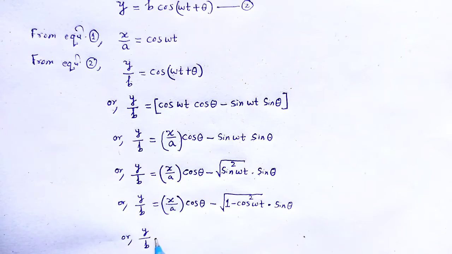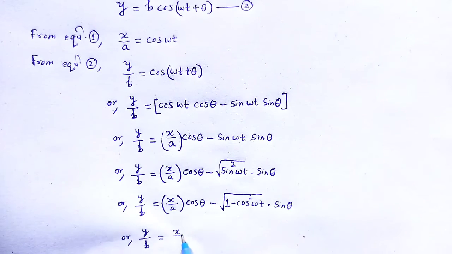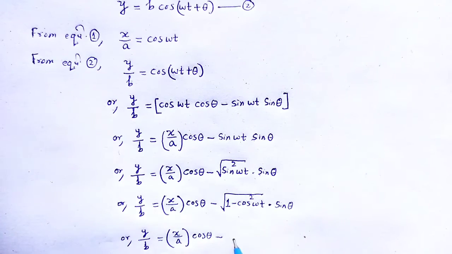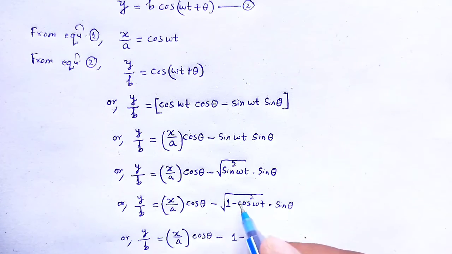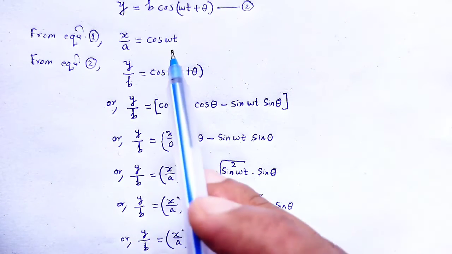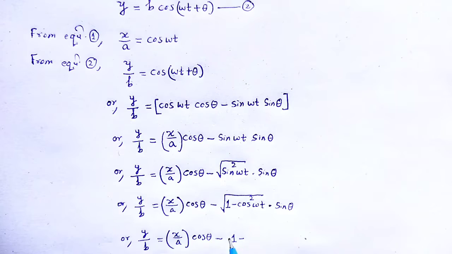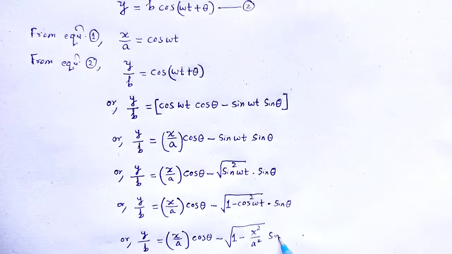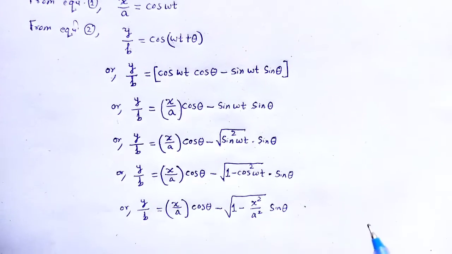Or y by b is equal to x by a cos theta minus the square root of 1 minus, in place of cos omega t again substituting x by a, x square divided by a square, sin theta.